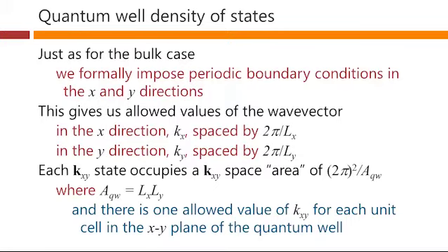And of course, there is one allowed value of kxy for every unit cell in the xy plane of this quantum well. So the arguments to get to this are exactly the same as we used in 3 dimensions. We're just working in 2 dimensions instead.